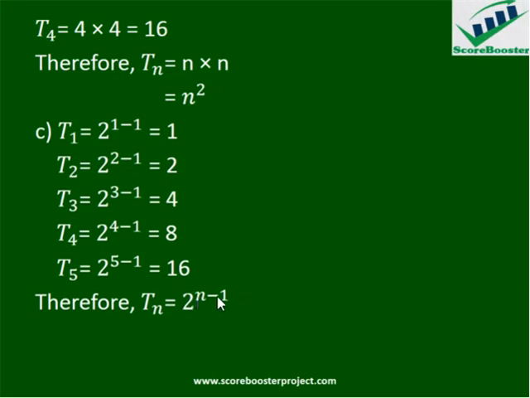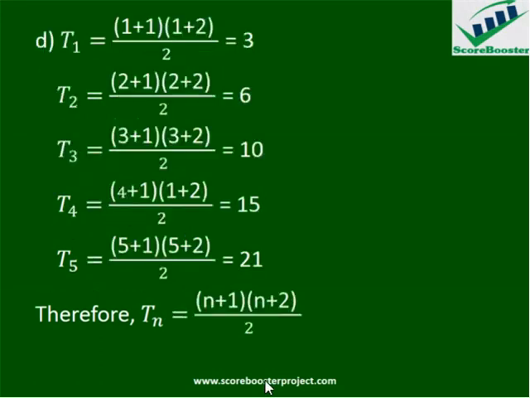To get 1 here, raising 2 to the power of 0 is the only way to get 1. That is why they devise this method of subtracting 1 from the number of the term you are in. So to get T20, T20 will be 2 raised to the power 19.